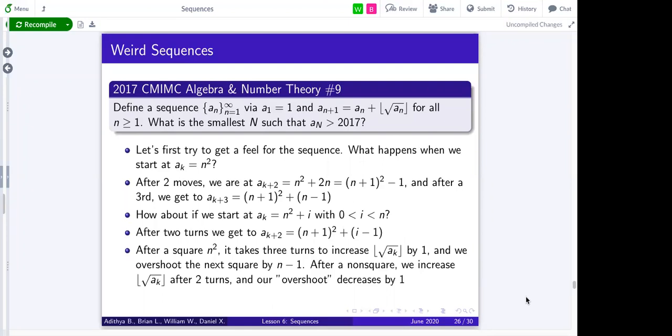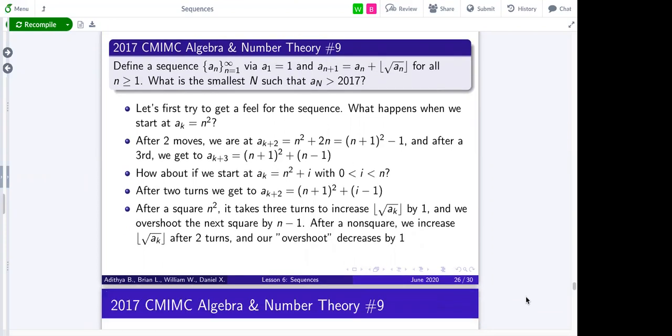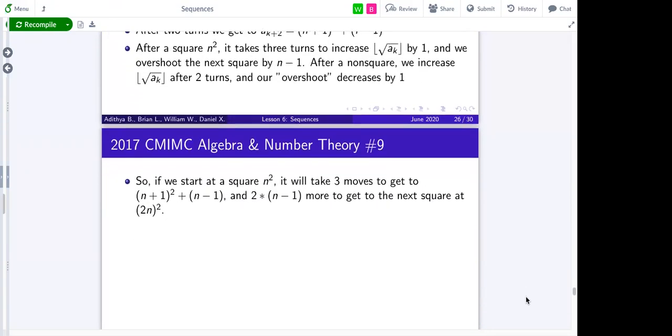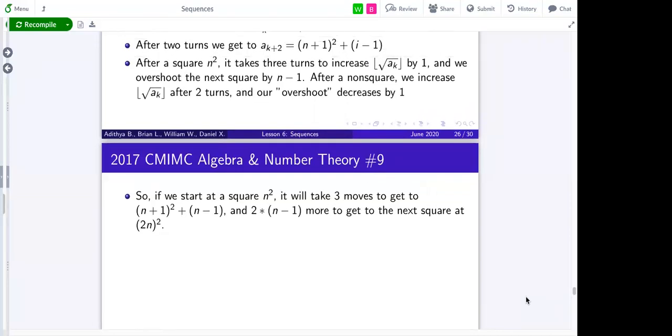So if we start at a square n squared, consider when the next time we will reach a square is. So it's going to take 3 moves to get to (n+1) squared plus n minus 1, as we just showed. This is on the next slide. And then after this, we want to reduce the overshoot to 0, which means that we need to reduce it by 1, n minus 1 times.